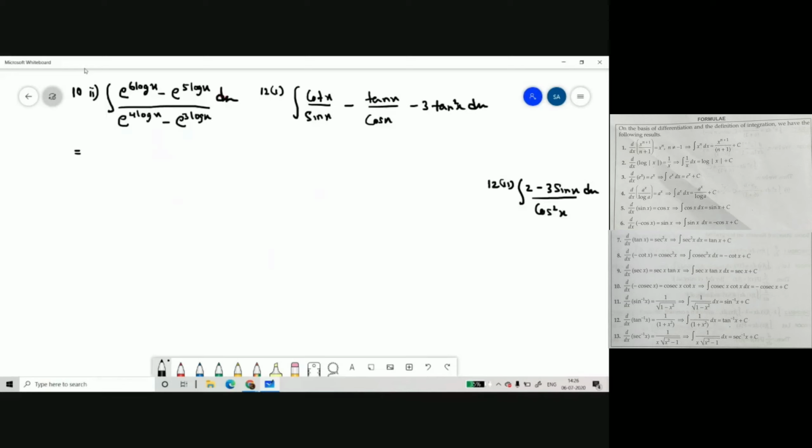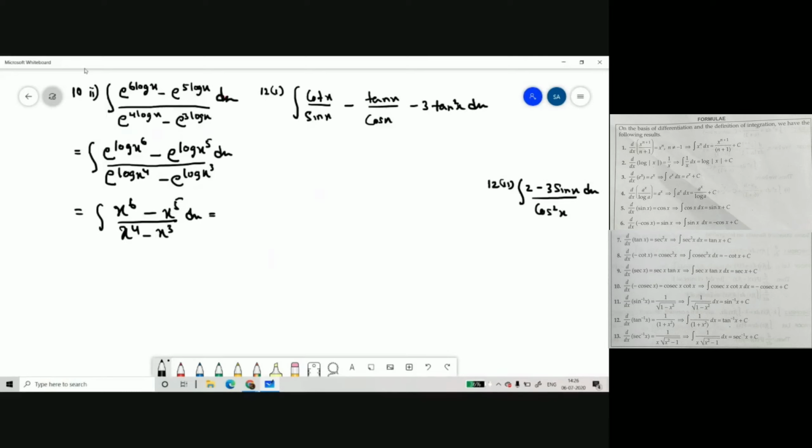Okay. Now let us look at the next sum. Now look at 10 part 2. Integration of (e to the power 6 log x minus e to the power 5 log x) by (e to the power 4 log x minus e to the power 3 log x) dx. Now e to the power 6 log x, can I write e to the power log x to the power 6? Similarly, e to the power 5 log x, can I write e to the power log x to the power 5? Look carefully. Similarly, this will be e to the power log x to the power 4 minus e to the power log x cube dx. We know the property of log. This becomes x to the power 6 minus x to the power 5 by x to the power 4 minus x cube dx.